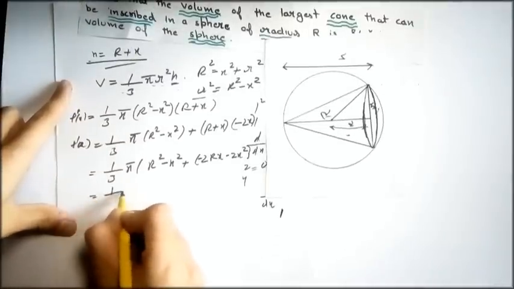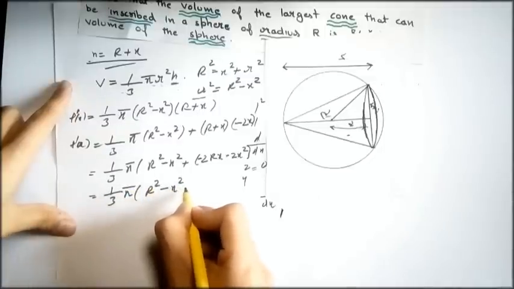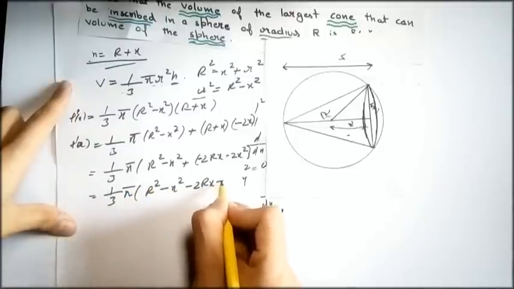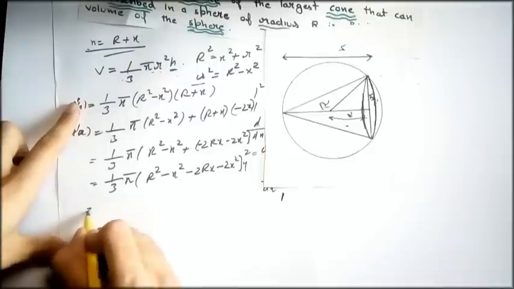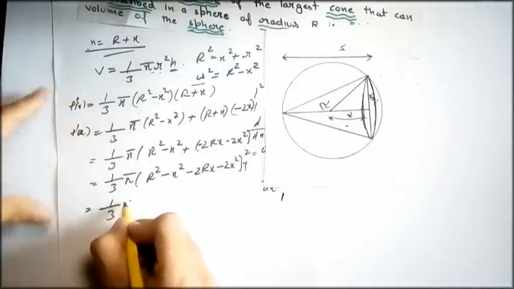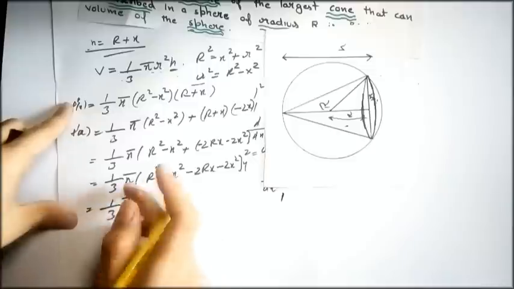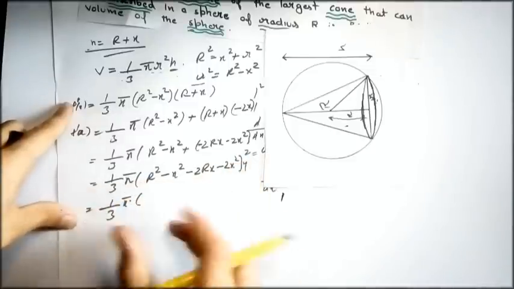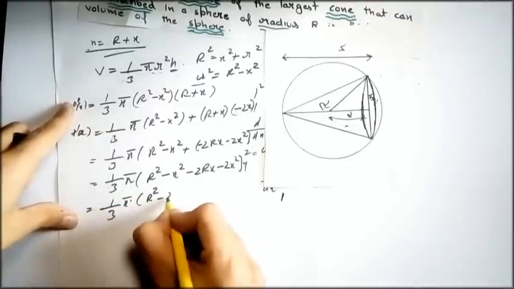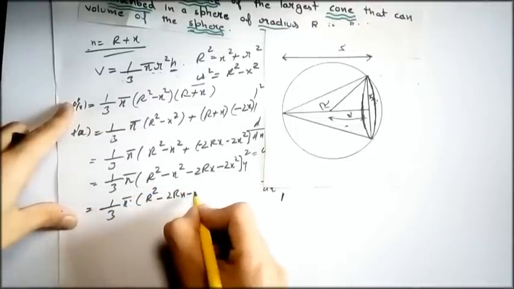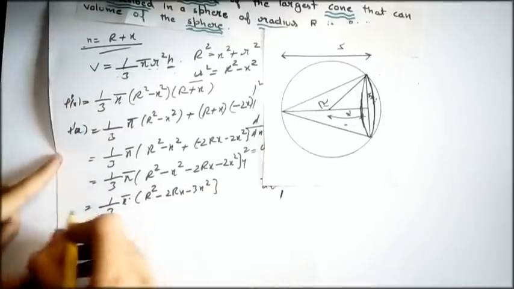After differentiating it is becoming an equation: pi, this constant, times R square minus 2Rx minus 3x square. And now we got this. This is f dash x.